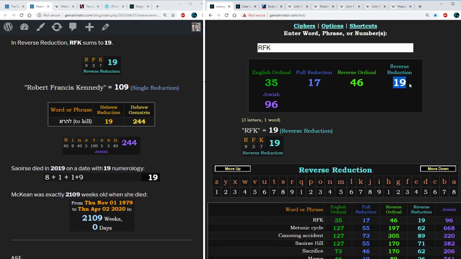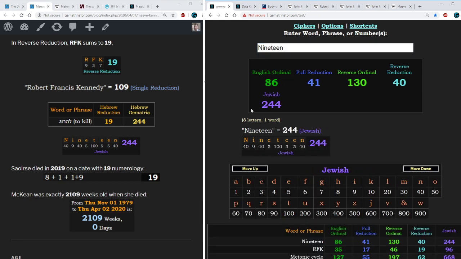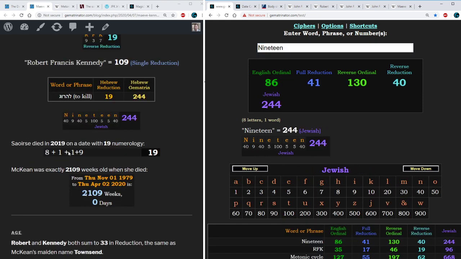Finally, RFK equals 19 in reverse reduction. His full name, summing to 109 with the S exception. 19 is the Hebrew reduction value of kill. It also sums to 244, like how 19 equals 244. And then Saoirse Hill died in the year 19 on a date with 19 numerology.